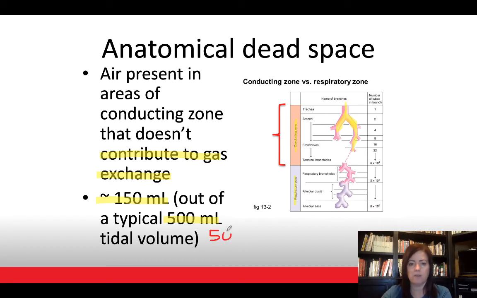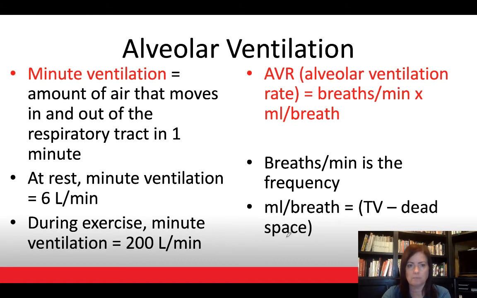So we could say 500 minus that 150 that we know does not play a role in gas exchange is going to give us 350, right? So 350 milliliters per breath contributes to gas exchange.